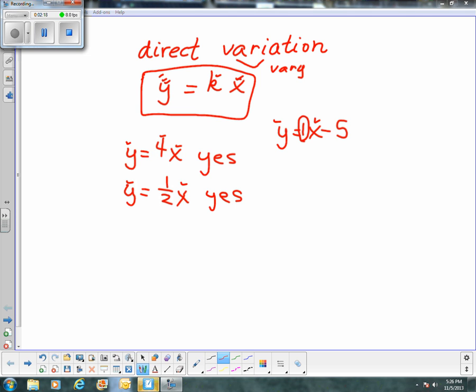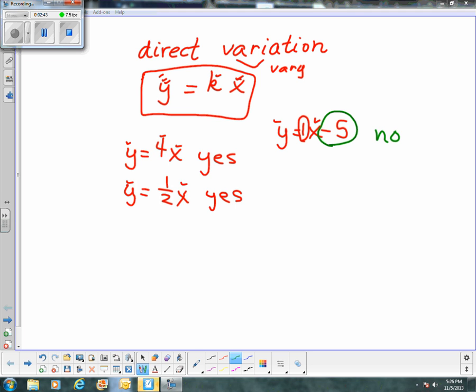But we also have something else. We also have minus 5. And for it to fit direct variation, direct variation has no addition signs or subtraction signs, so this would not be a direct variation.